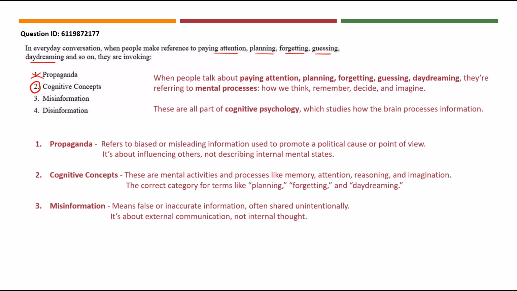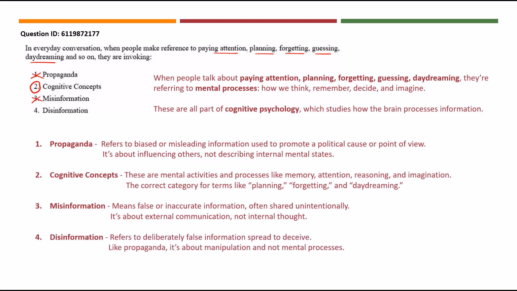What is misinformation? This means false or inaccurate information often shared unintentionally. It's about external communication, not internal thought. So inaccurate information is not going to be a part of this question. What about disinformation? Refers to deliberately false information spread to deceive. Here misinformation is actually shared unintentionally.